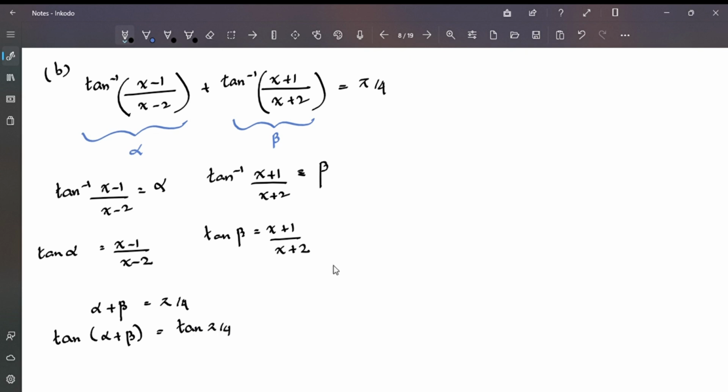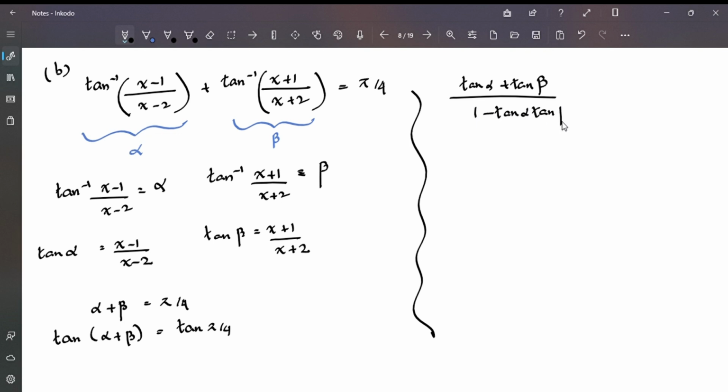Now if I apply tan for both sides, this is going to be tan alpha plus beta, which is going to be tan pi over 4. Tan alpha plus beta is tan alpha plus tan beta over 1 minus tan alpha tan beta. That is equal to tan pi over 4, basically 1.